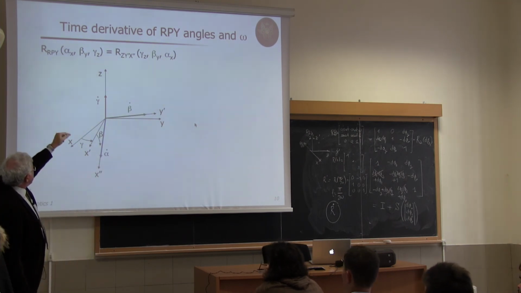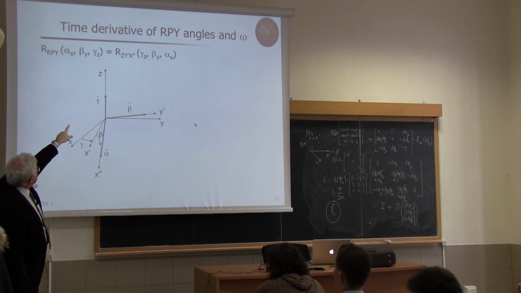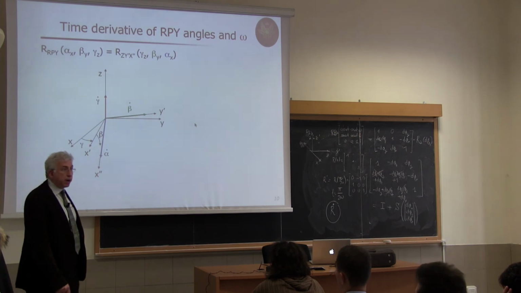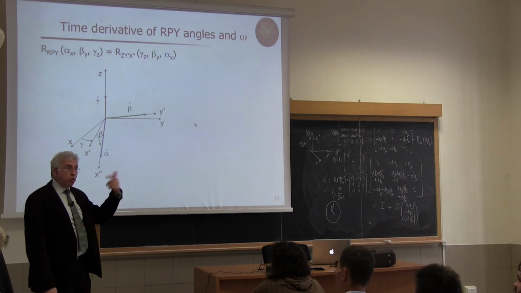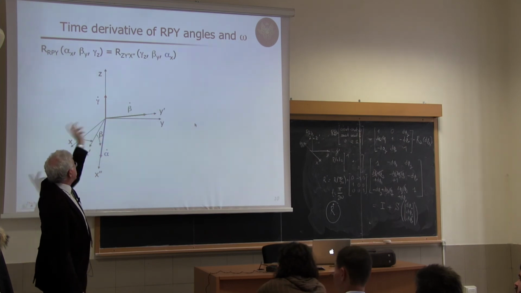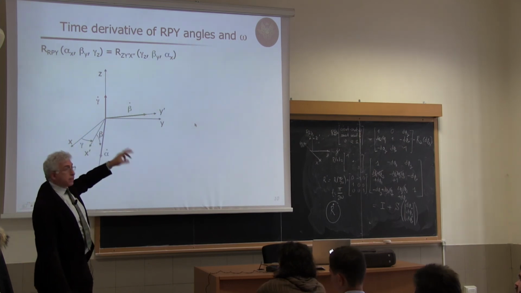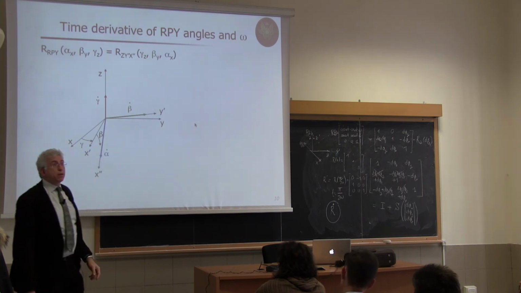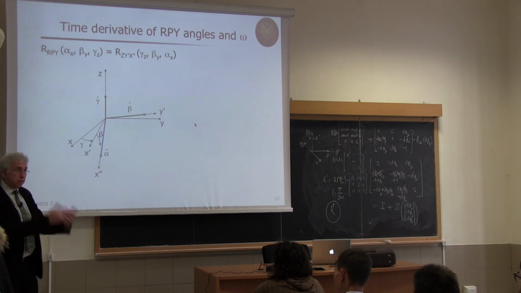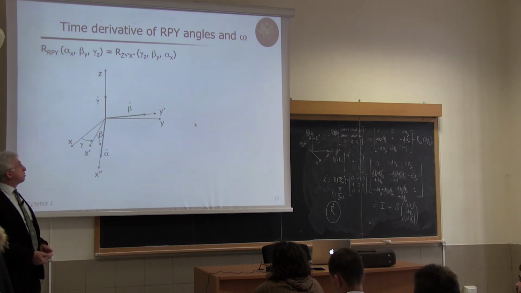RPY alpha beta gamma is z y prime x double prime. So I've changed the order of axes. First it was x, y, z. Now it's z, y, x. But now the angles are computed around the moved axes after the first rotation and after the first two rotations.